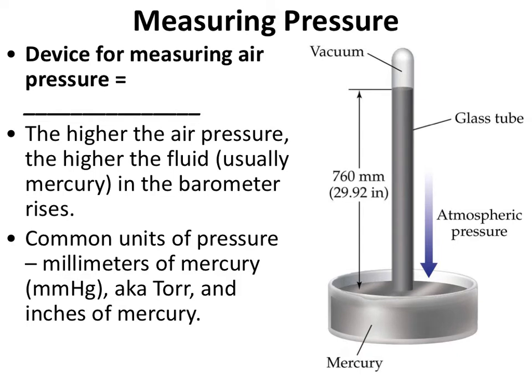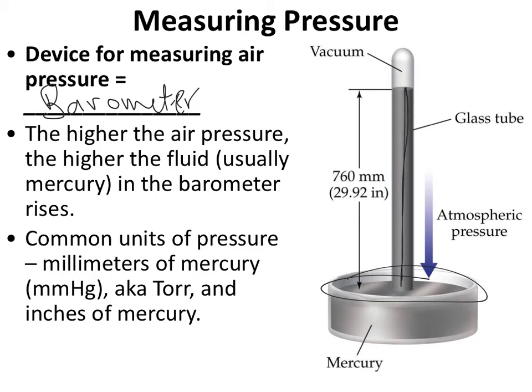In order to measure pressure, we use a device called a barometer. This is for measuring the air pressure around us. How this works is we have a tub of mercury, and it has a tube, and the tube has little millimeter markings on it.